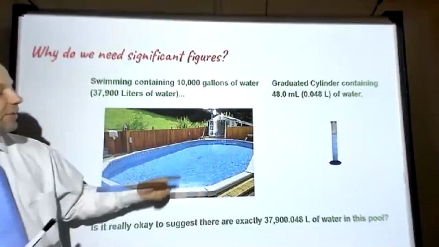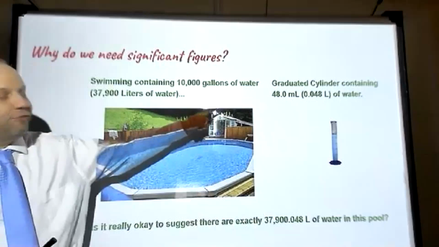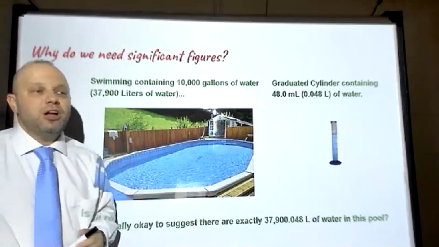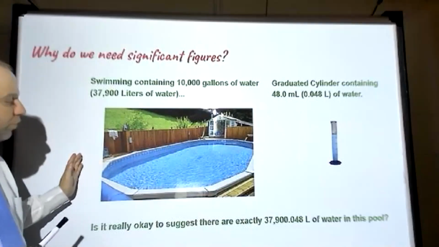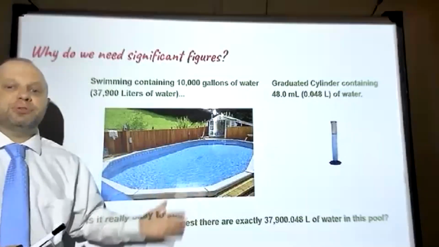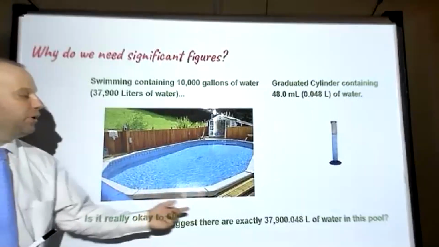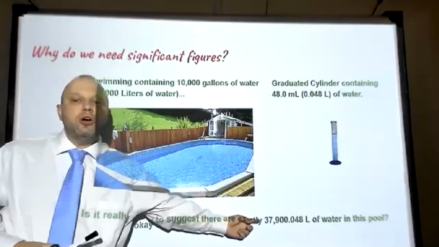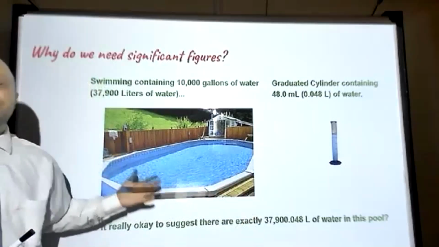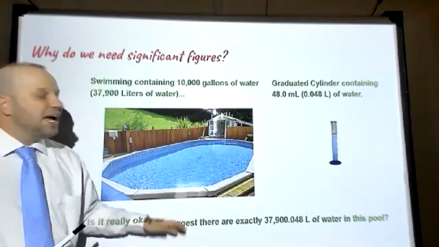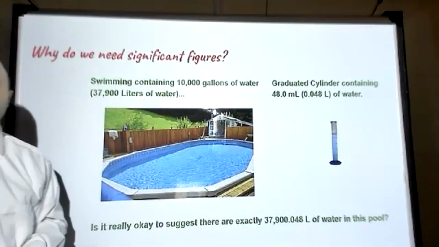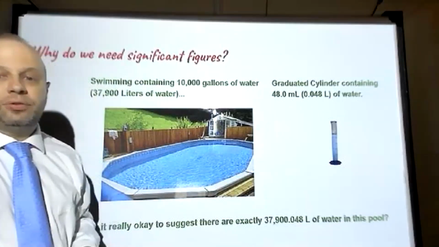And the reason is, yes, you might have added that last 48 milliliters really precisely using the graduated cylinder, but you certainly didn't add the original 37,900 liters to that level of precision. So you can't report an answer that suggests that you know what the volume is to this level of accuracy when you really don't. You don't have any idea how many milliliters of water were in the original 37,900 liters.